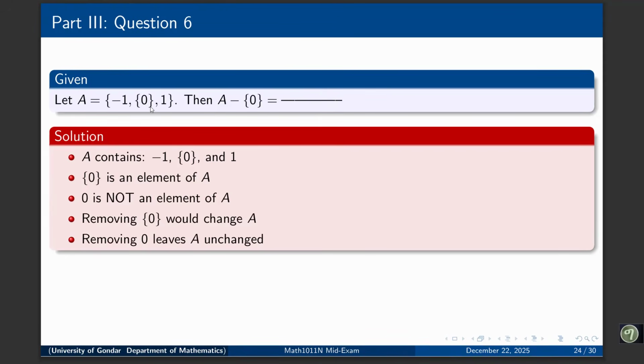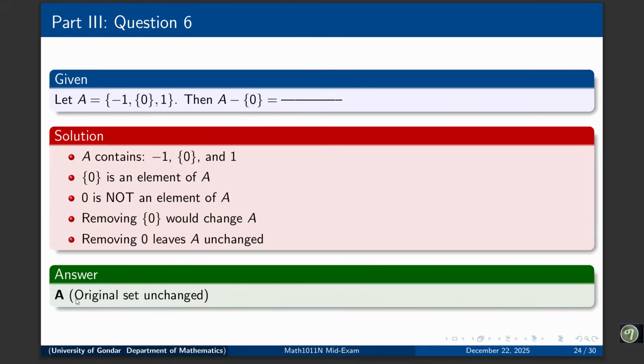So if we remove this one, the given set, simply set A, will not be changed. Therefore, the answer for this one will be the original set itself, that is set A. Set A will not be affected by taking the difference between the set itself and the set containing 0, since 0 is not an element of set A.